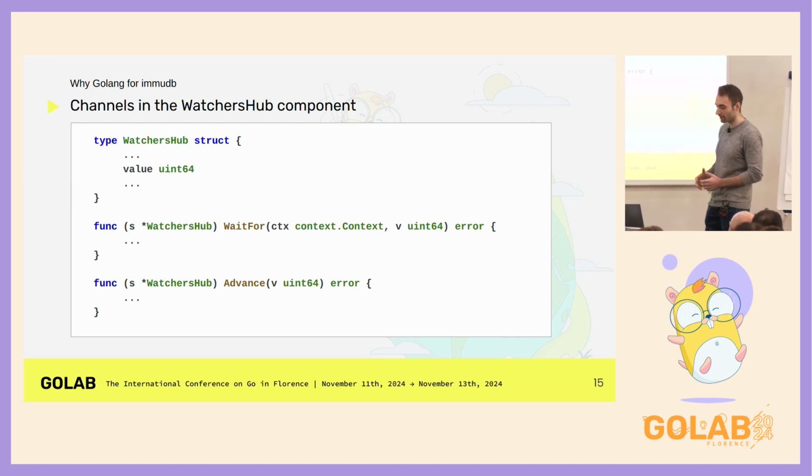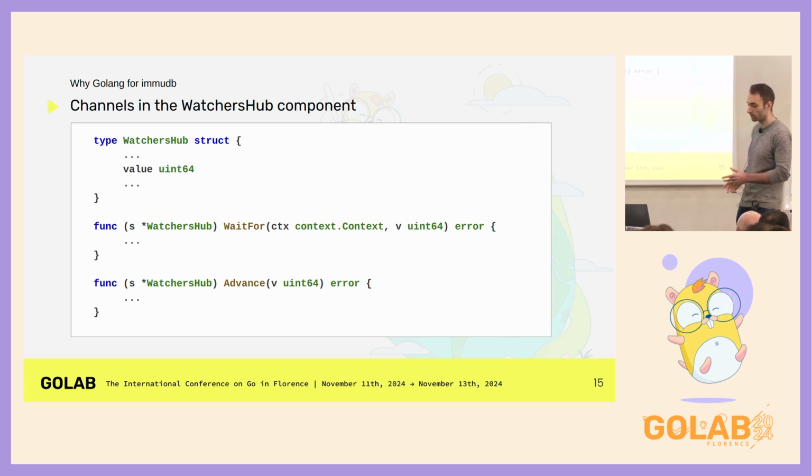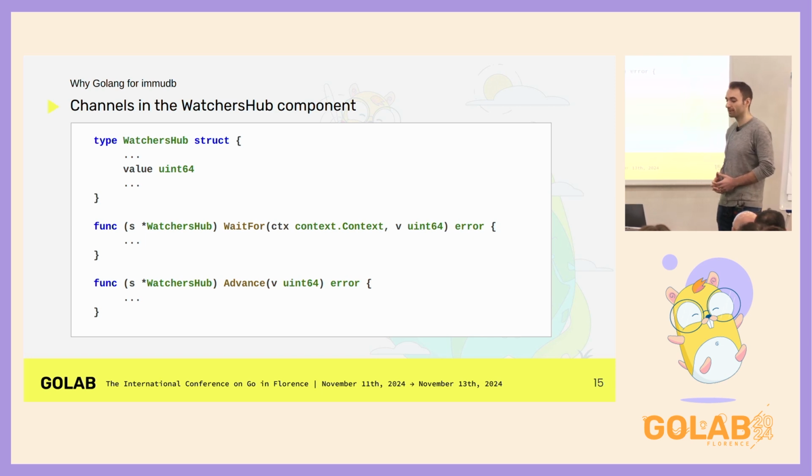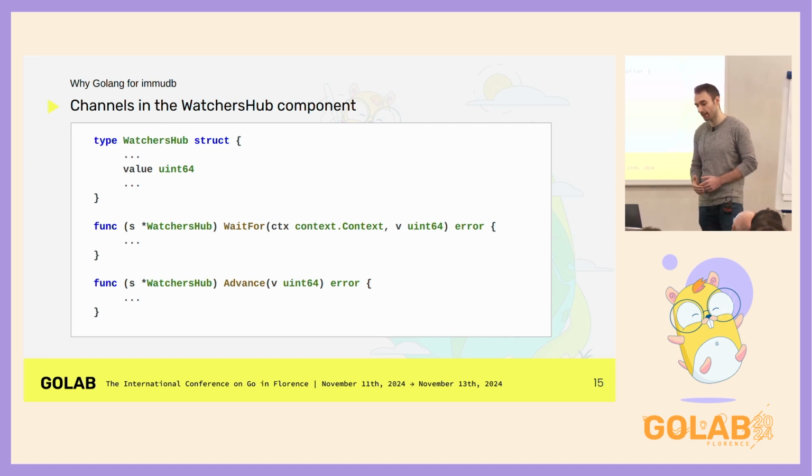From a high-level perspective, it's quite simple. It's just a monotonically increasing counter. So it can be summarized as a counter whose state is represented by a value. But it also provides two additional operations. A WaitFor method, which takes a context object and a specific value v.